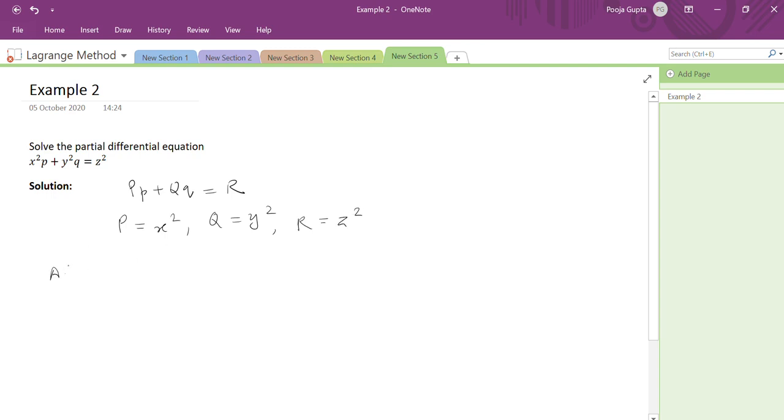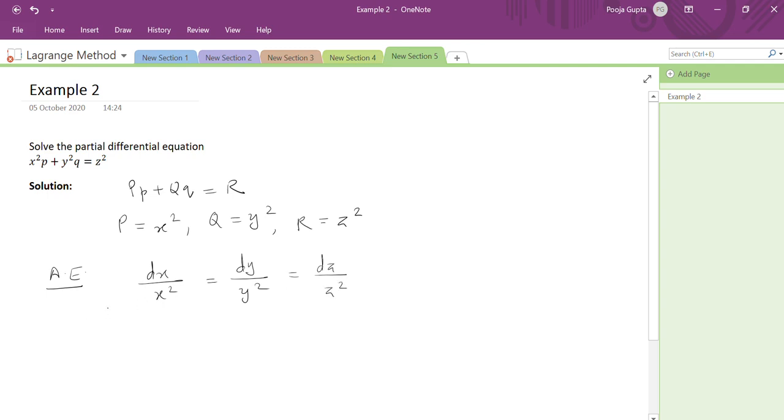So the auxiliary equation will be dx upon x square is equal to dy upon y square is equal to dz upon z square.